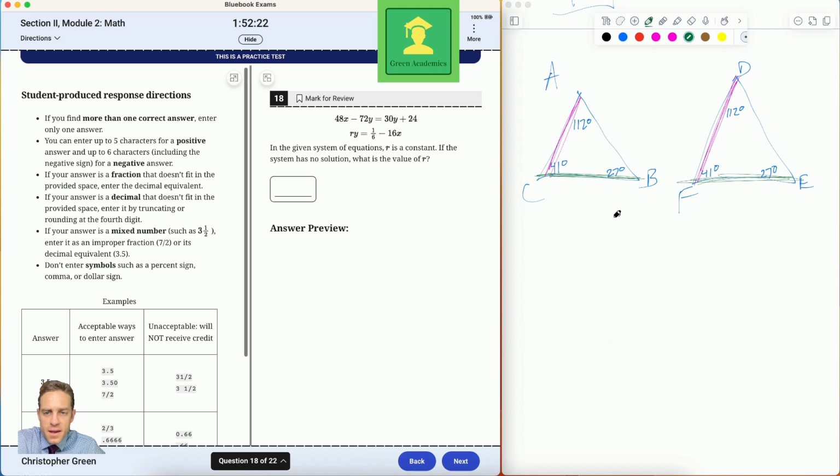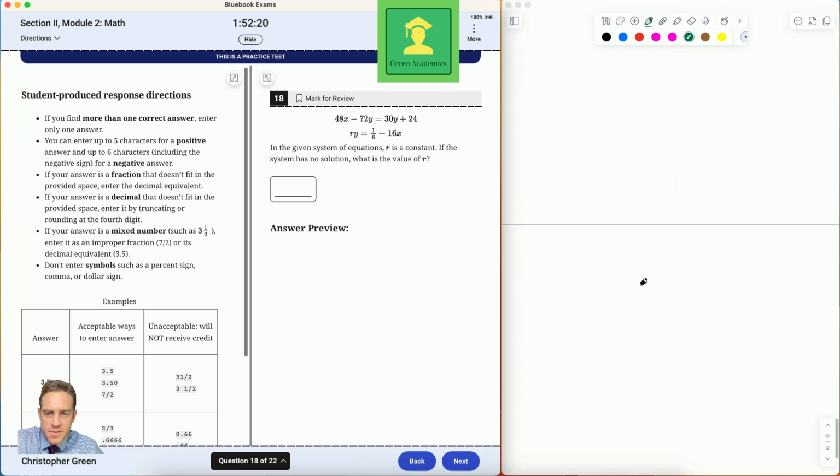Okay. Given a system of equations, r is a constant, if the system has no solution. So you have to understand that for a system of two lines to have no solution, the lines have to be parallel but not the exact same line. So I'm going to carefully rewrite the top equation in slope-intercept form. I'm going to put this on the left and then add the 72y to the right-hand side to get 102y.